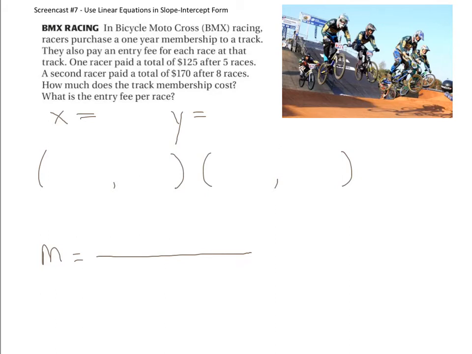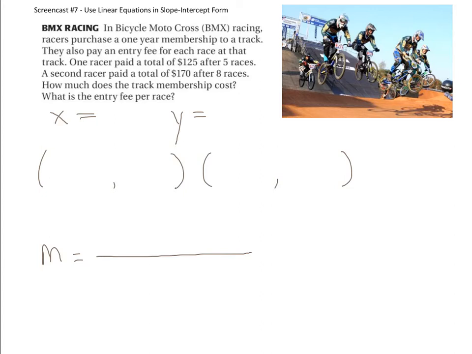It clearly says one racer paid a total of $125 after 5 races. So we don't know specifically what the linear equation is just yet. We will find that out, but imagine it does exist. We know a linear equation takes in some sort of input from a domain and outputs some sort of number from the range.